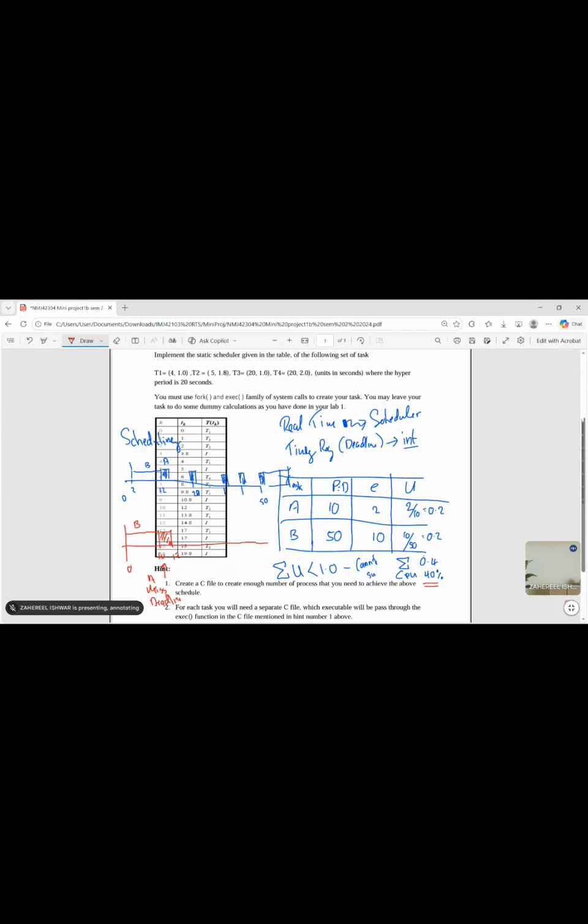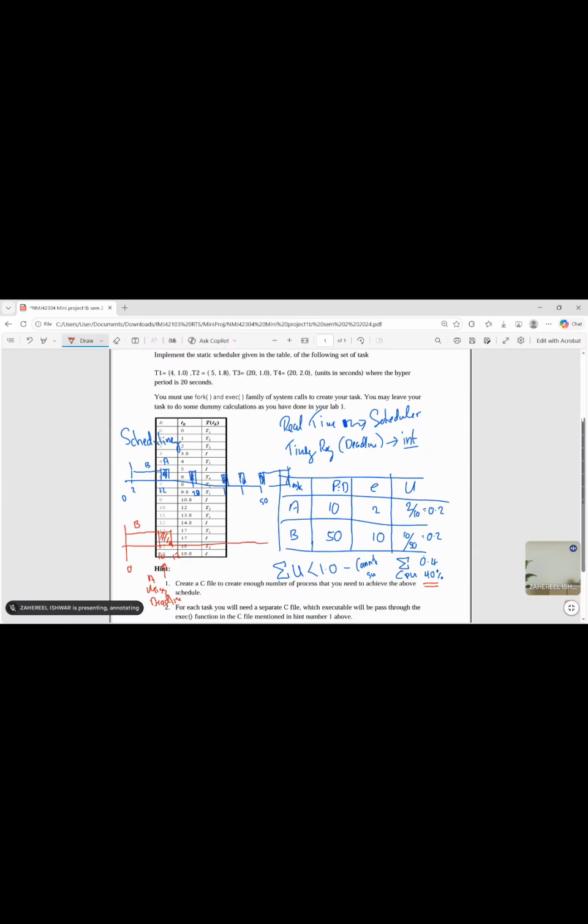You only have 2 tasks, and their values are very nice, right? 10 and 20, utilization is only 40%. So even at utilization equal to 40%, if you fail to schedule your tasks correctly, then your task will miss the deadline. That's why we are learning all these scheduling algorithms, to make sure that our jobs run without missing the deadline.